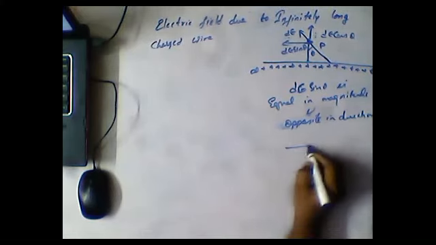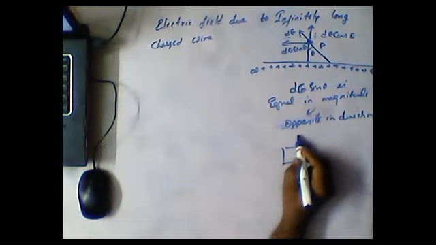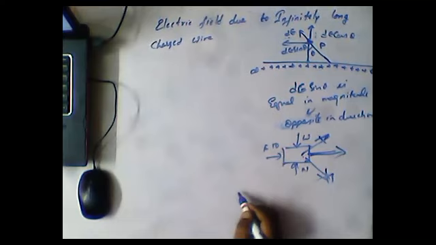For example, guys, think that this is a box. Weight is acting downward, and the normal reaction is by the earth. Now these two are balanced. When you apply a force of 10 Newton in this direction, is it moving like this? No, it is moving only horizontally.